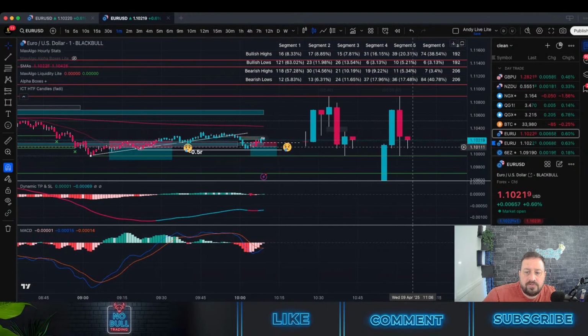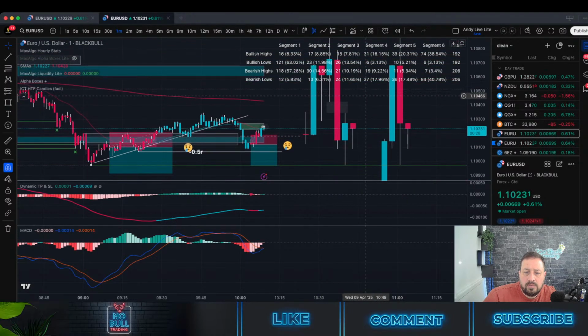Possible if we could flip and return back to this previous 4-hour box, maybe. Got a fair value gap here on the hourly. That was a bullish hour. So previous hour high.